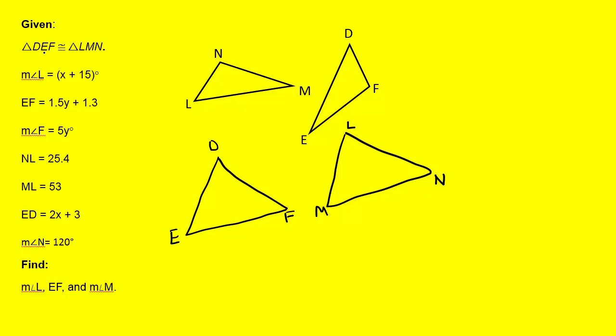And we can see from our notation that D and L should be in the same spot, those two angles, which I can see is true. Angle E and angle M should also be in the same spot. We call that corresponding. And then the last set of angles, F and N, those should be corresponding, meaning they should be in the same spot.